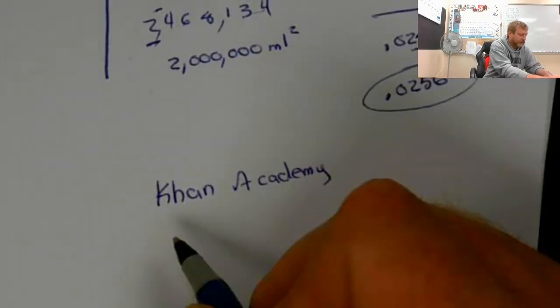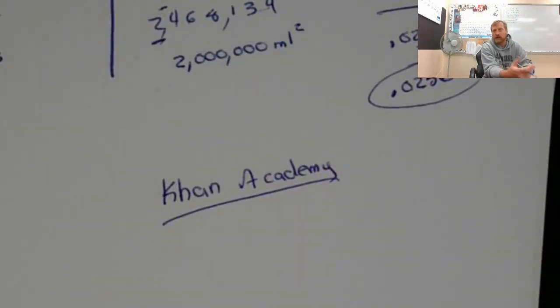So you could just do Khan Academy, or literally you can just Google math with significant digits, or adding and subtracting with sig figs, or multiplying and dividing with sig figs, and you'll get 1.5 million responses.